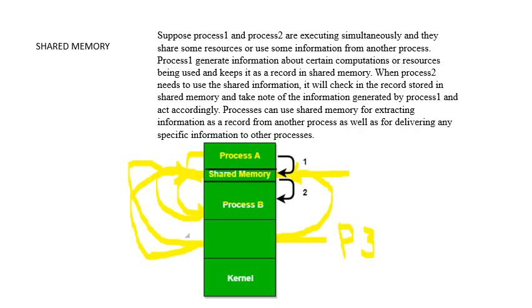This type of communication is called shared memory.